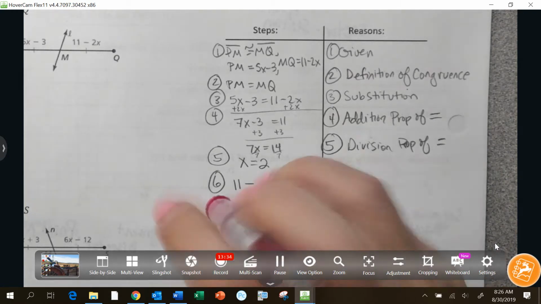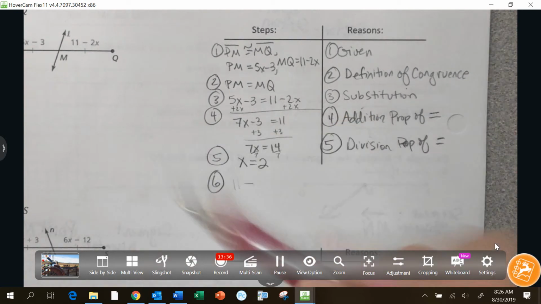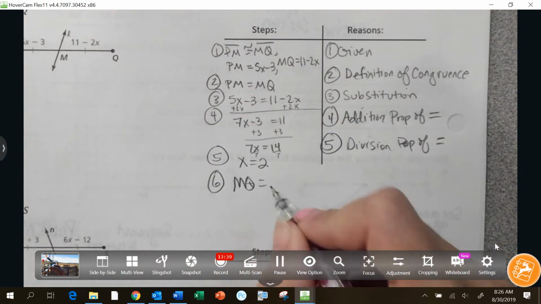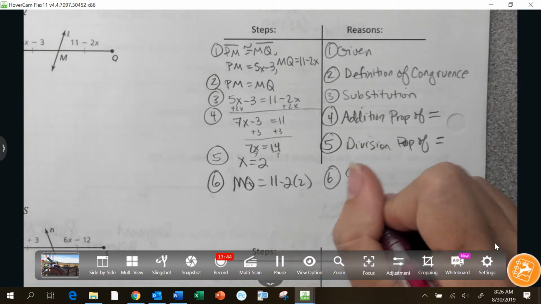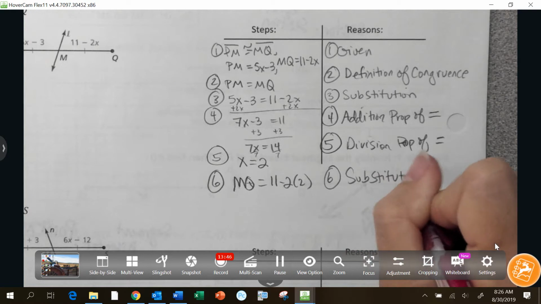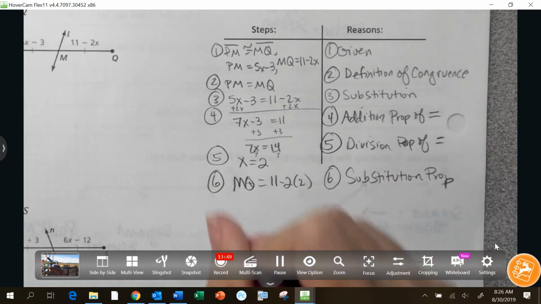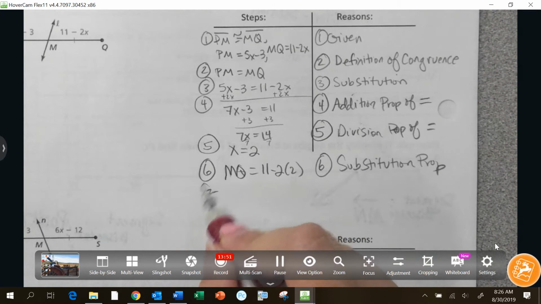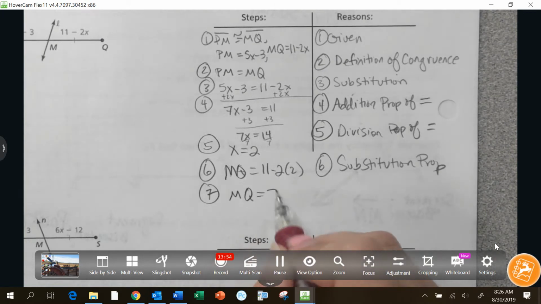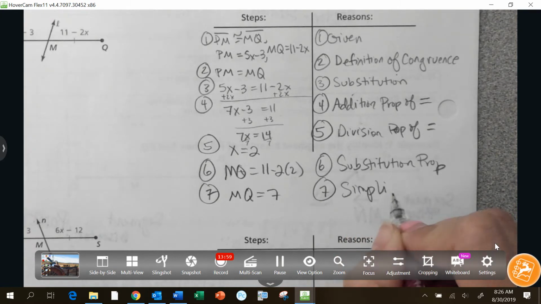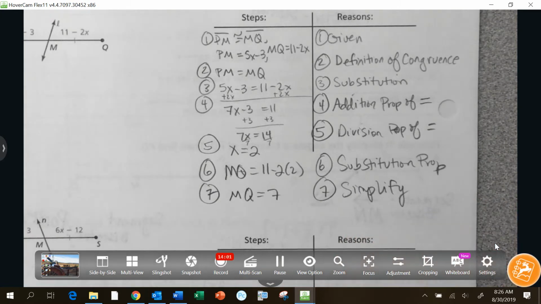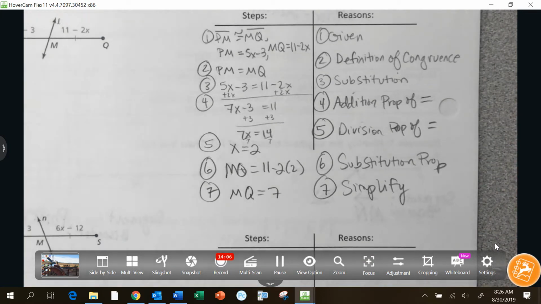Let me write MQ equals 11 minus 2 times 2, just substitution. And then MQ equals 7. Simplify. Or it might be step 8 for you if you did addition property of equality in 2 separate steps. Questions? Next one.